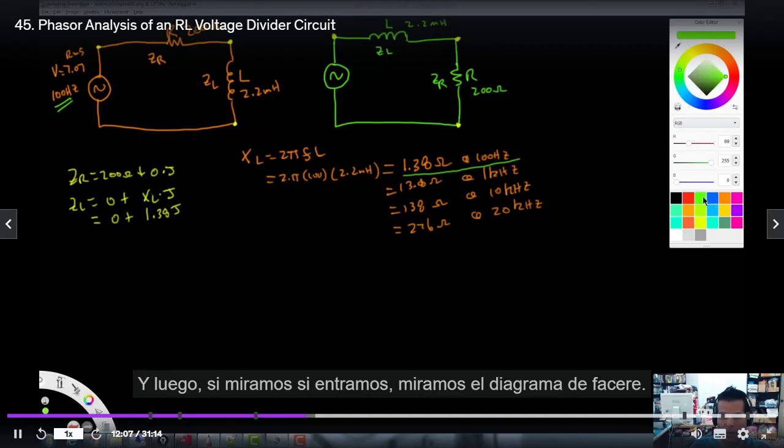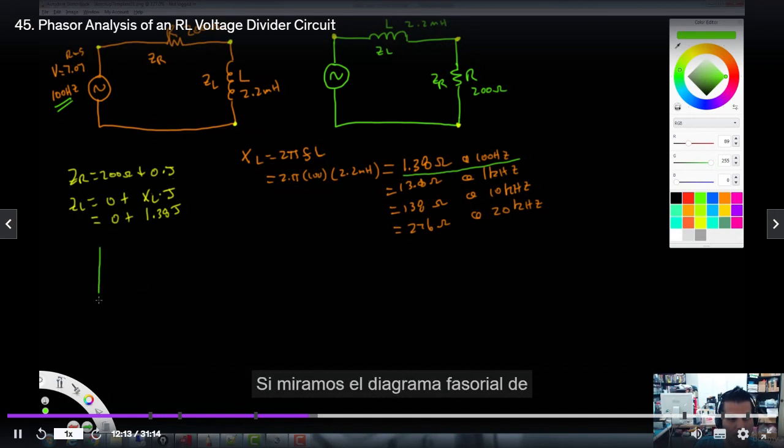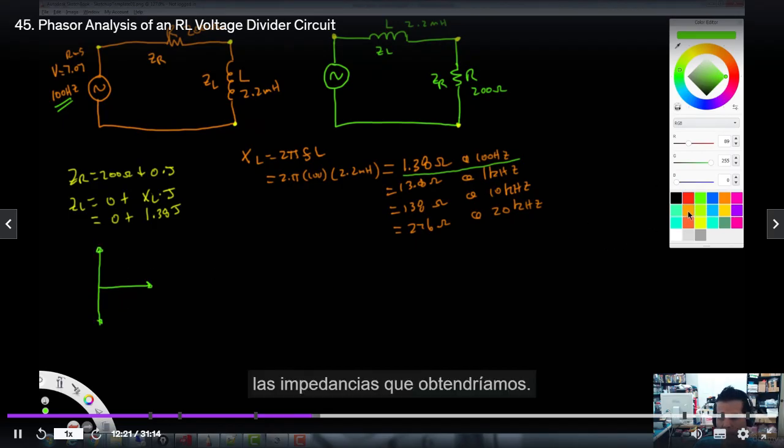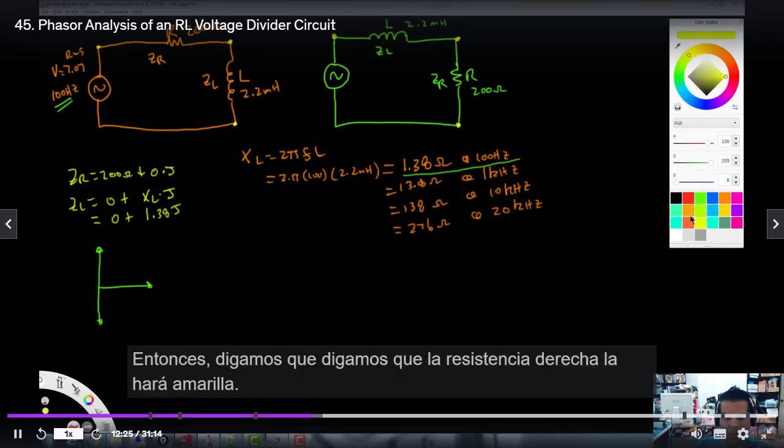And then if we look at the phasor diagram real briefly here, the phasor diagram of the impedances, let's say that the resistor, we'll make that one yellow.